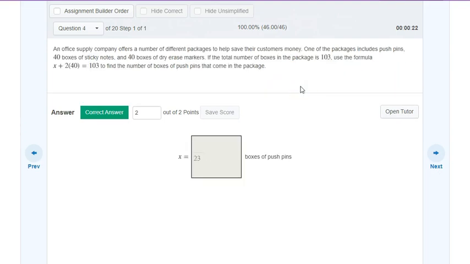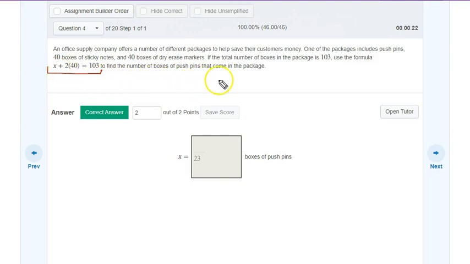Now, for something like this, they're giving you, in English, a word problem where they want you to read it, and then the easy part of this is that they've given you what it would look like in an algebraic equation. So they want you to solve for the letter x.